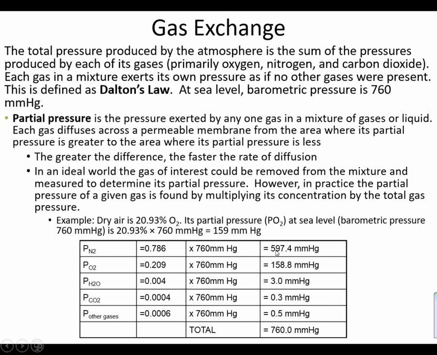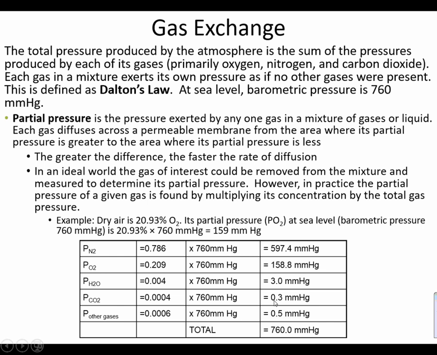If you were to pull out your calculators and add up 597.4 plus yada, yada, yada, yada, it would come out to 760 millimeters of mercury. Now, are we concerned about all of these? No, because we're not worried about exchanging nitrogen, nor are we concerned about exchanging water. So we're going to focus in on the PO2, which is the pressure of oxygen, and the PCO2, which is the pressure of carbon dioxide.